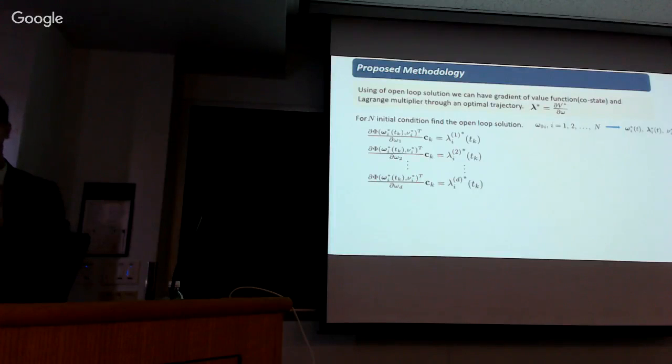If my system is in d dimensions, then at each dimension I will have n equations. So I will have n times d equations and m unknown coefficients, where the matrix A shows the gradient of the basis functions with respect to states, C is the unknown, and B is the value of the co-states at each time step at each of these endpoints.